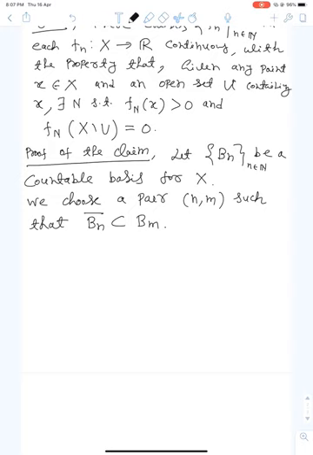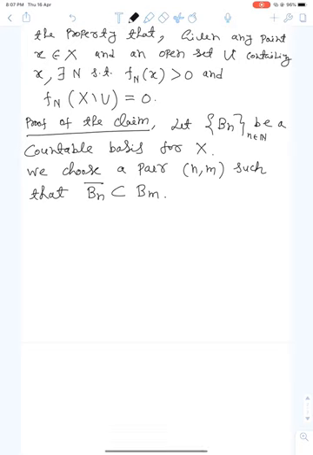Why? First of all, we see why this kind of pair exists. Here we prove the existence of such a pair.